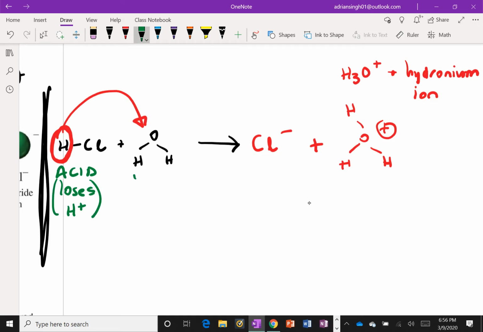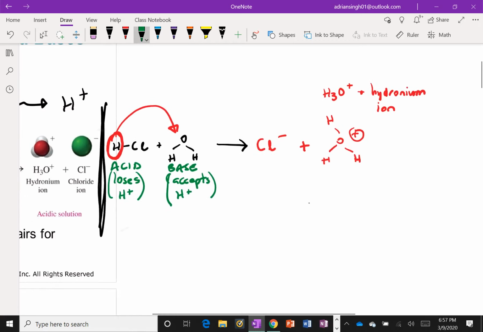So the water here is acting as the base as it accepts H plus, right? And that's the other half of our definition of the Bronsted Lowry theory. Acids donate or lose H plus, bases accept or take in protons.